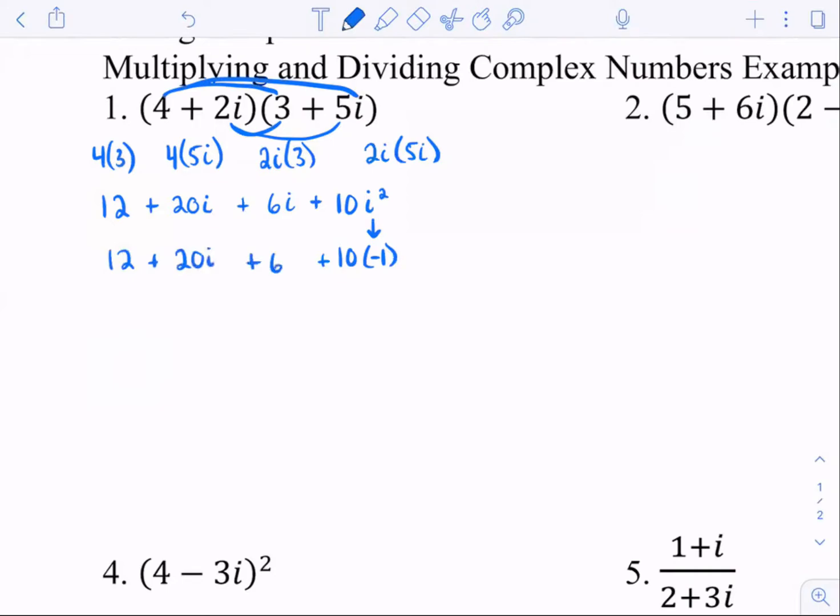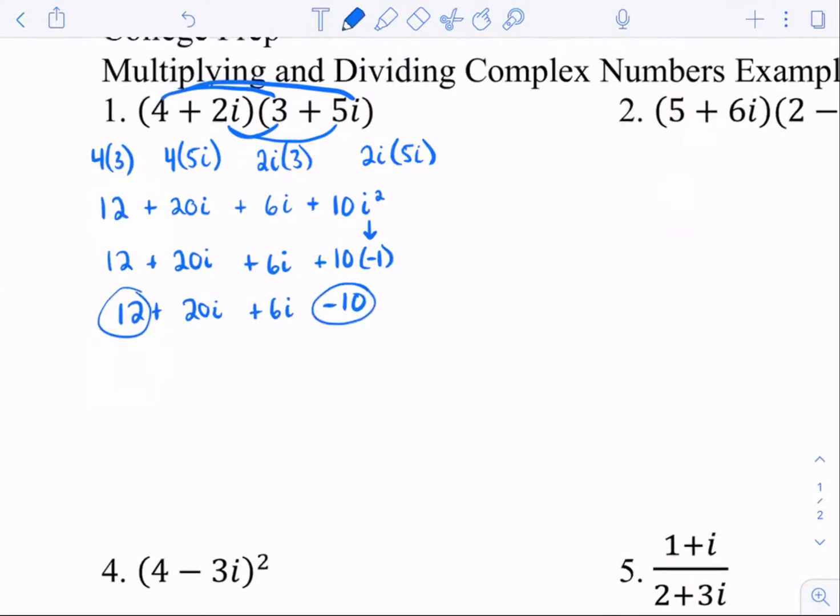So what's 10 times negative 1? It's actually negative 10. So if I now combine these, I have 12 minus 10, which is 2, and I have 20 plus 6, so it's plus 26i. So here is my final answer when I multiply a complex number by another complex number.